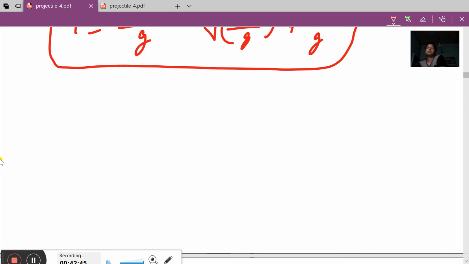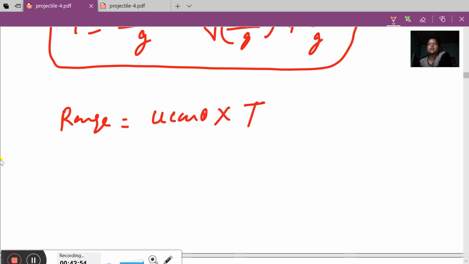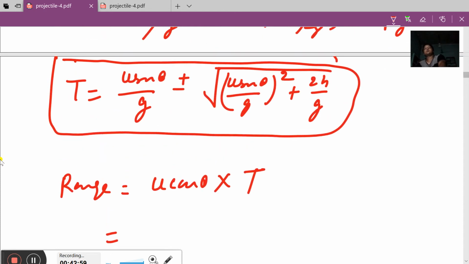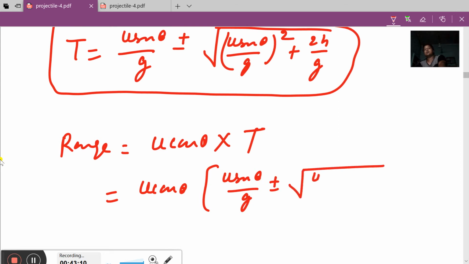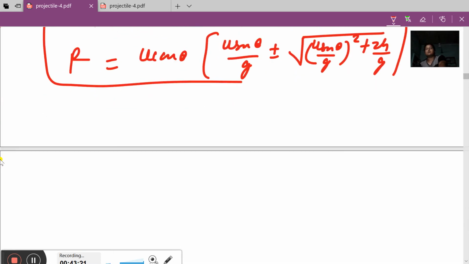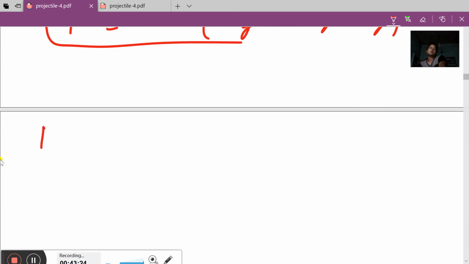What will be the horizontal range? Range equals u cos theta multiplied by t. That equals u cos theta multiplied by u sin theta over g plus minus under root (u sin theta over g) square plus 2h over g. This is the required range in this case. What is the greatest height?